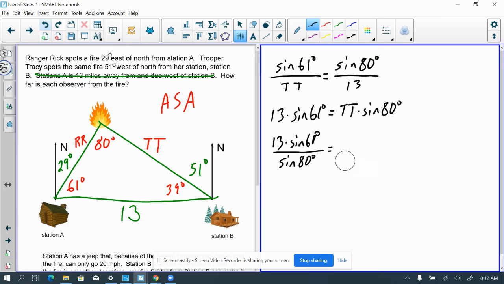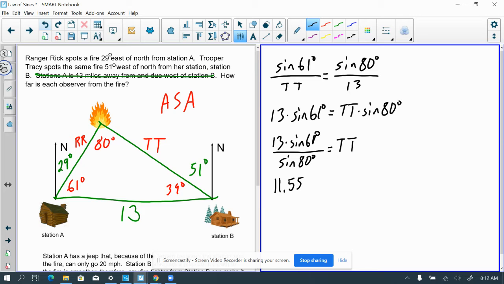Oh, that's funny. Trooper Tracy looks like pi if you're a little bit sloppy. So then I go to my calculator, make sure you're in degrees. 13 times the sine of 61 is 11.3 something. Divide that by the sine of 80, and I discover that Trooper Tracy, let's round it to 2 decimal points, is about 11.55.